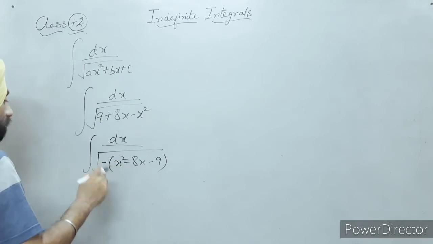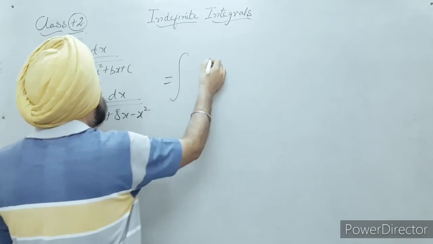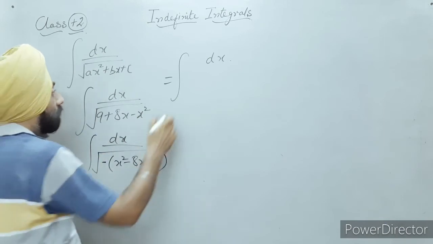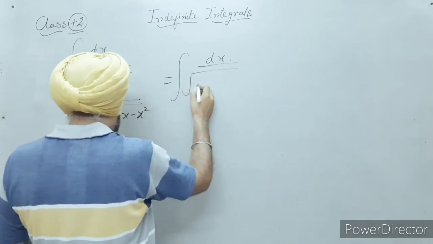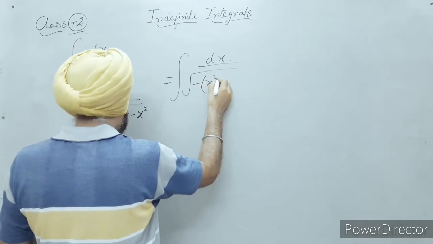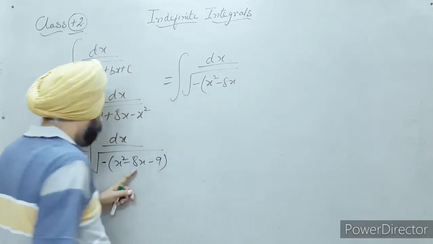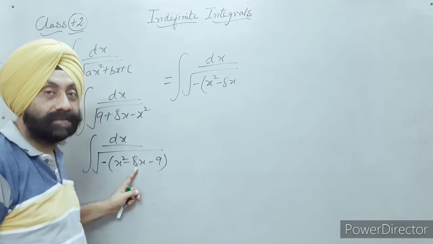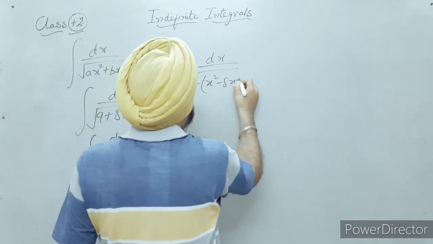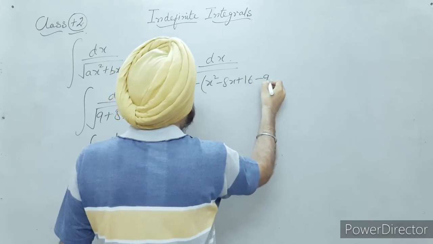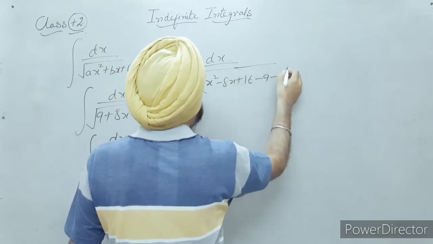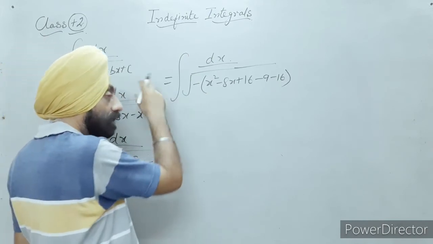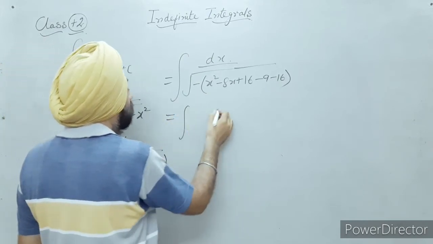Now complete the squares. It is dx, where x square's coefficient is unity. It's minus of x square minus 8x. What we have to do is take half the coefficient of x, that is half into minus 8 is minus 4, its square is 16, so plus 16 minus 9 minus 16. The procedure is the same. Whatever steps we followed in the previous questions, it's the same.